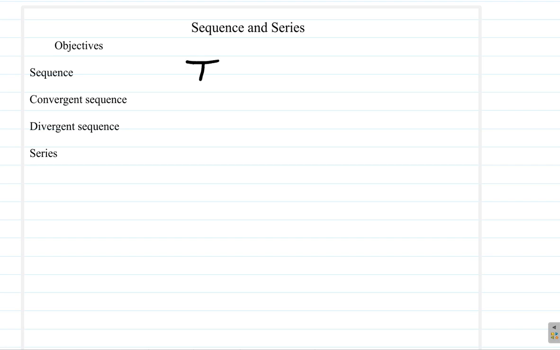Suppose you have the term in a certain position equal to, let's say, that position divided by that position plus 1. What would be the terms?